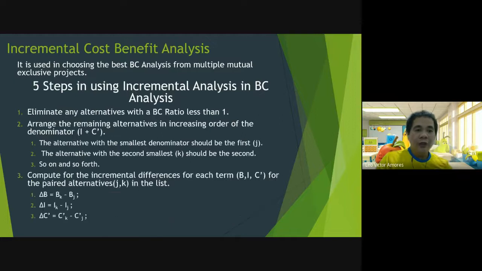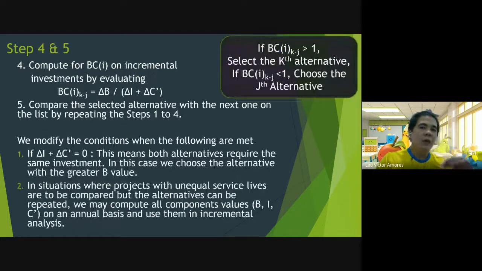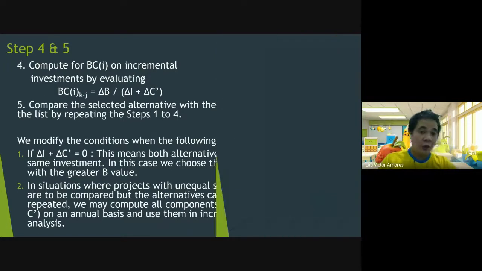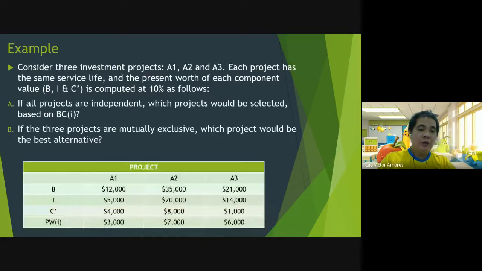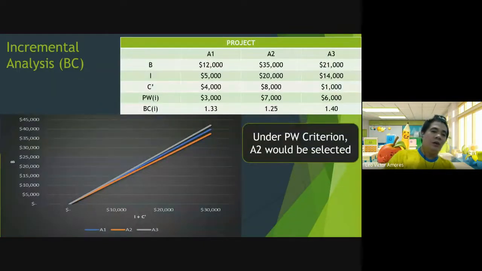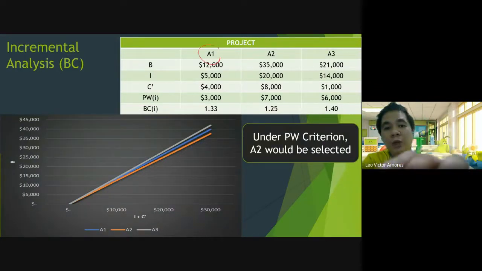So for incremental, the steps are actually the same. The formula just looks confusing because of K minus J and so on, but the formula is the same. You'll have to arrange it. For example, in a problem you have A1, A2 and A3.